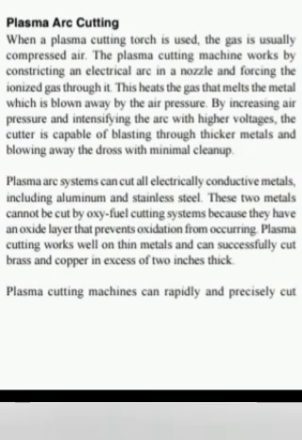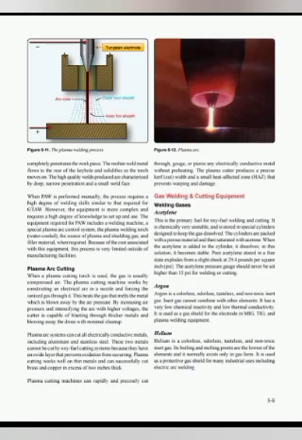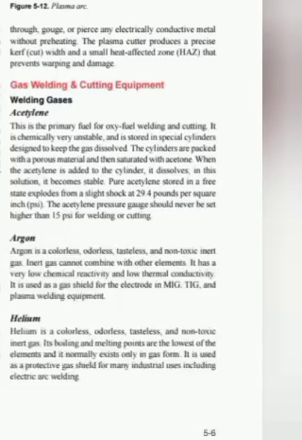Plasma cutting machines can rapidly and precisely cut through, gouge, or pierce any electrically conductive metal without preheating. The plasma cutter produces a precise curve with a small heat affected zone that prevents warping and damage.